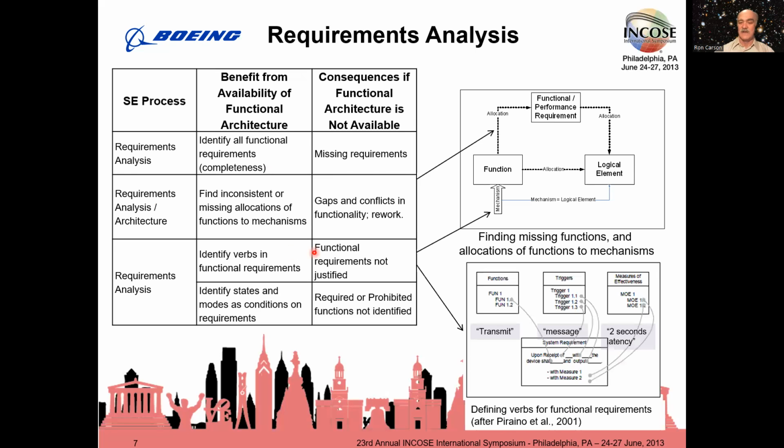And so this is a graphic from a paper by Pereno et al. from 2001, where they show that the functional analysis and related information can be used to auto-populate a template for how to write a requirement. So, and we built on this idea in our 2015 paper on implementing structured requirements.